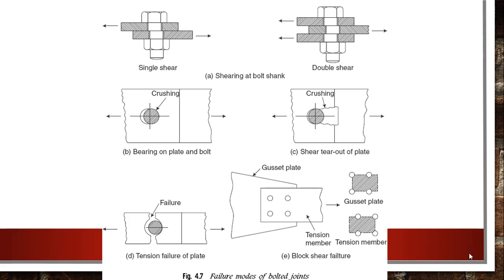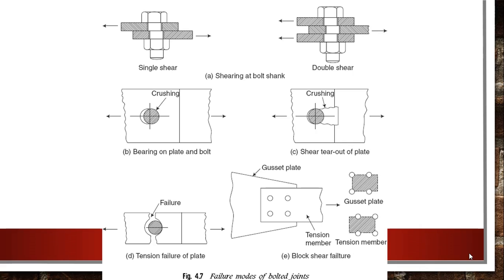The shearing action takes place between the two plates under the action of external load, that is tensile load, right. Number two, that is double shear, which generally takes place in case of butt joint, where there are two planes of shearing action, right. So basically this is called the double shear pattern, right.